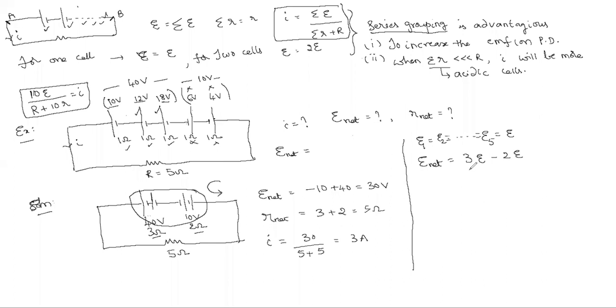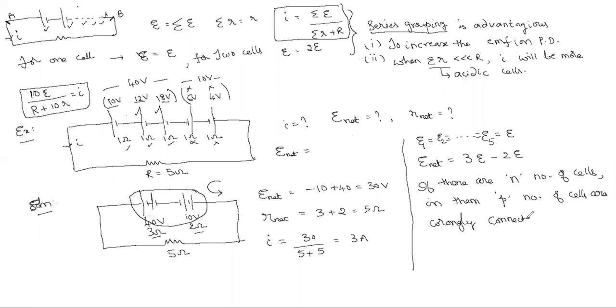Very good. Now my question is, when you come to some shortcut formula, if there are n number of cells, and in them p number of cells are wrongly connected, and all are identical cells.